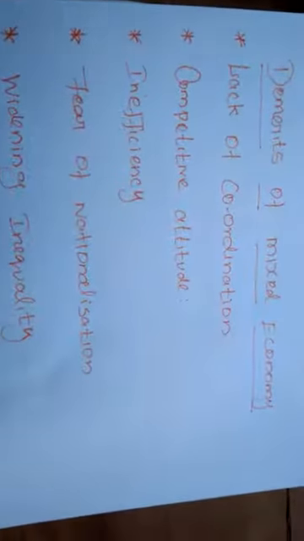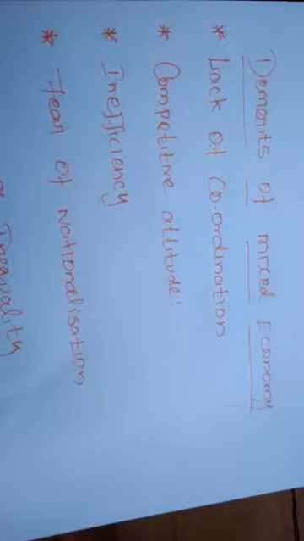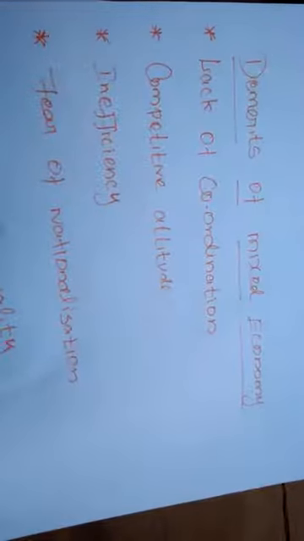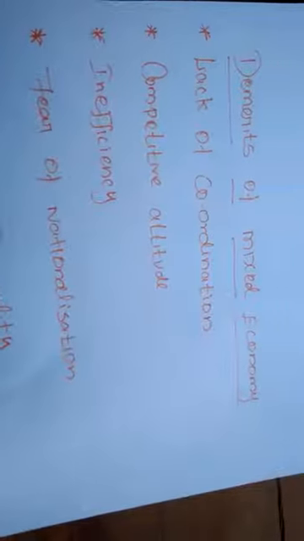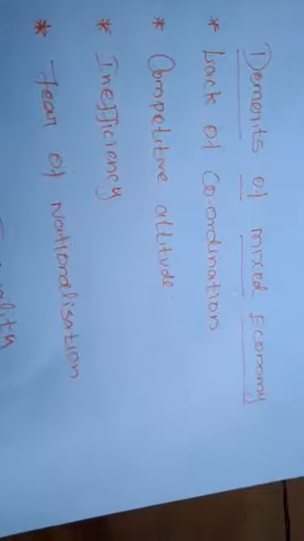Another demerit is inefficiency. Inefficiency means all nations will not have good politicians. Suppose under the mixed economy there are no good or honest politicians, they will not have the expectations, the effort, or the skills and talent to undertake the government companies.